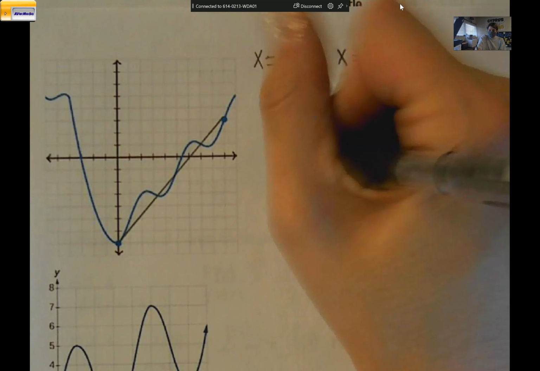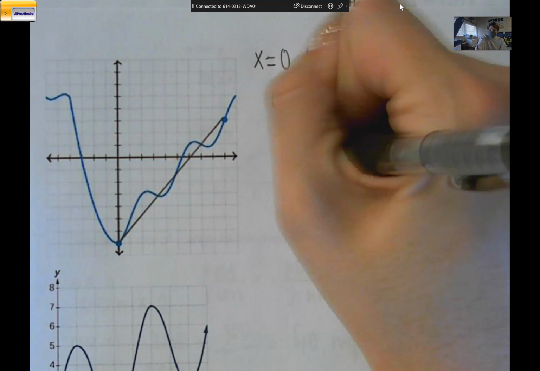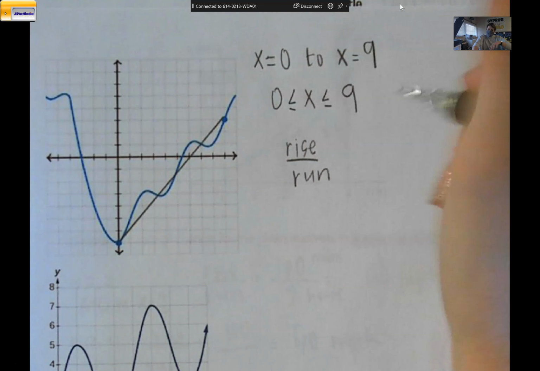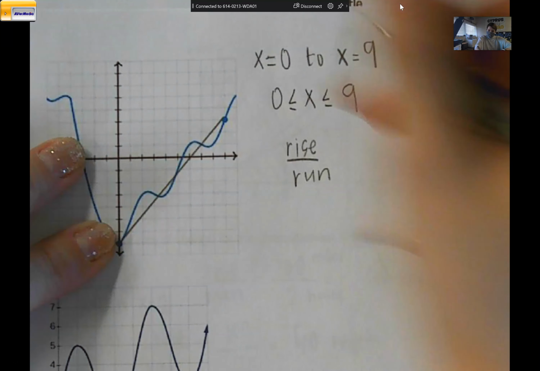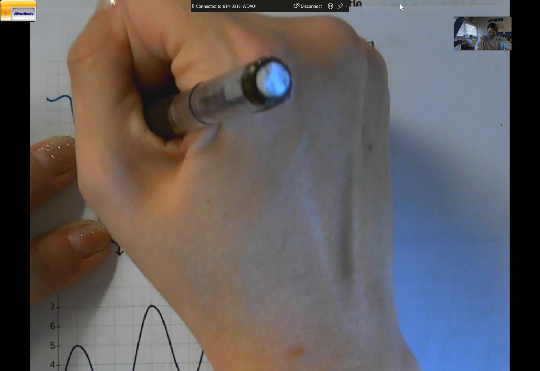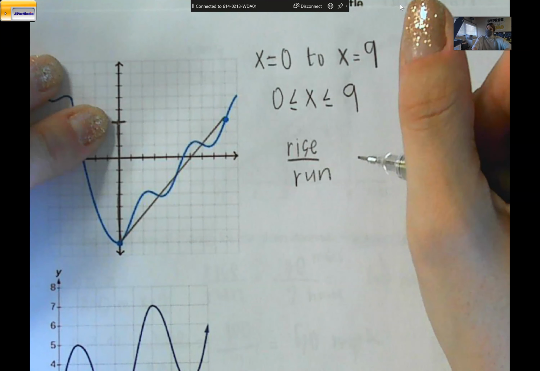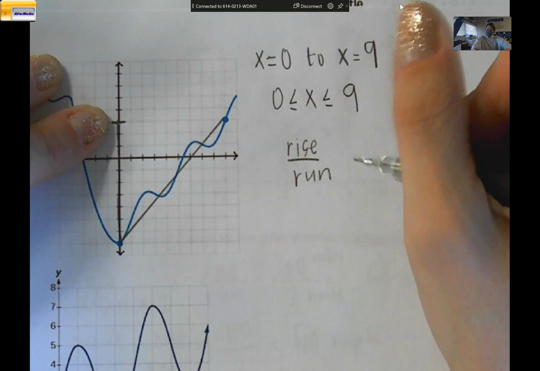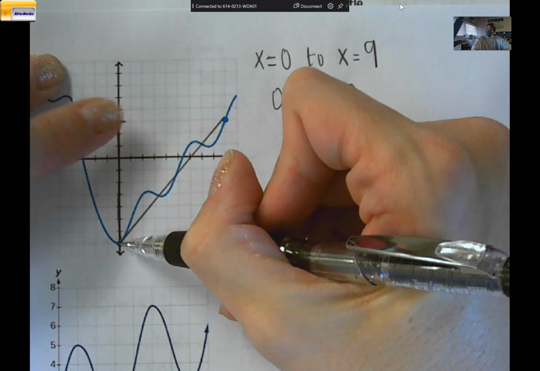So average rate of change is rise over run. So starting at x is 0, I went all the way up to y being here. So I need to count from this bottom point to this point.